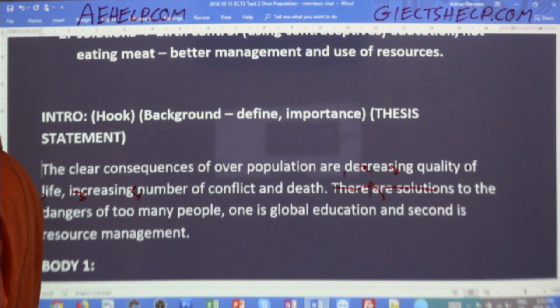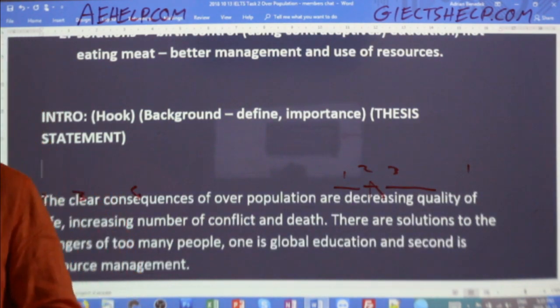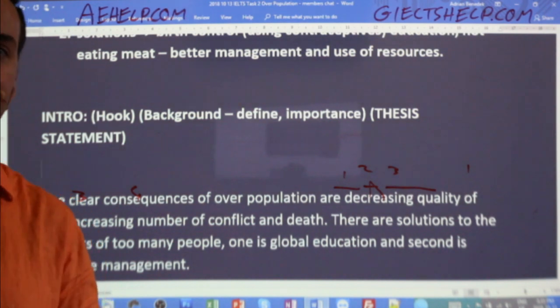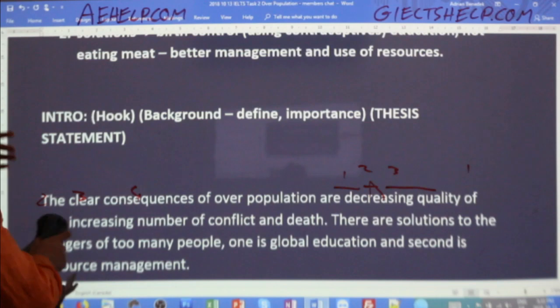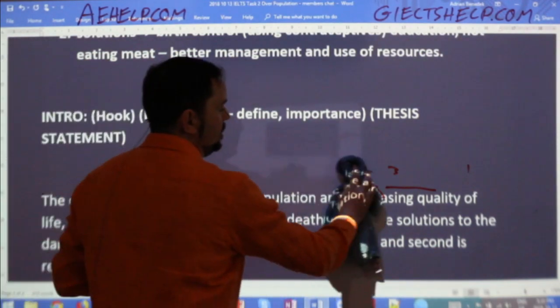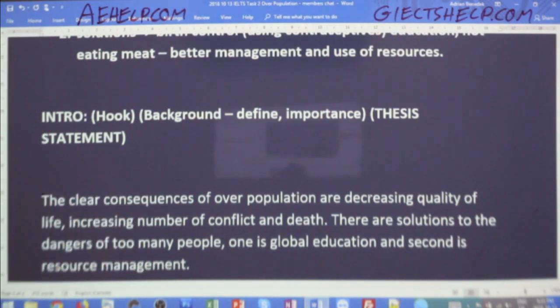Now we can back it up a little bit and write the hook and a little bit of background. Okay, so the hook and the background. I'll write a hook, I'll write a background here. You can do the same. Let's move along. Let's get to these body paragraphs. Rahul, I think I'm going to take your advice.